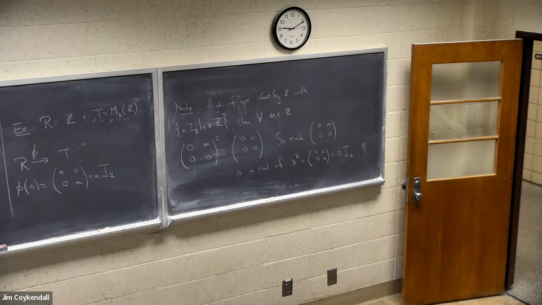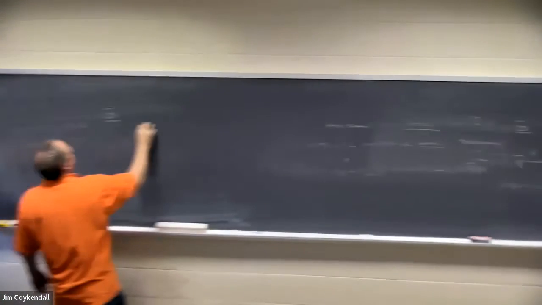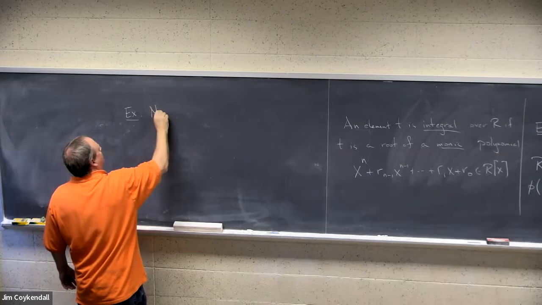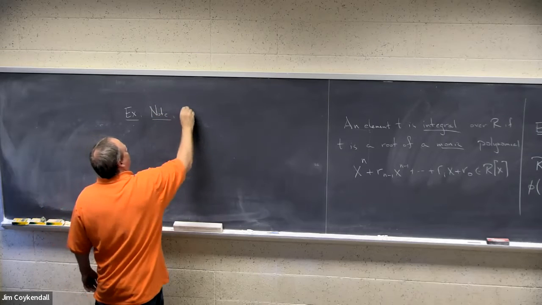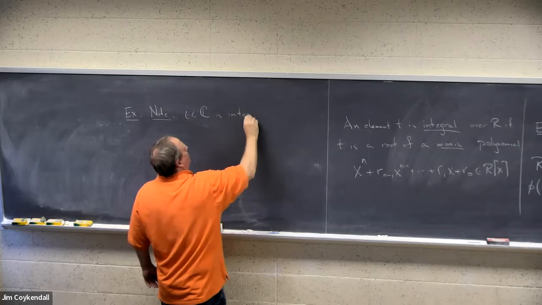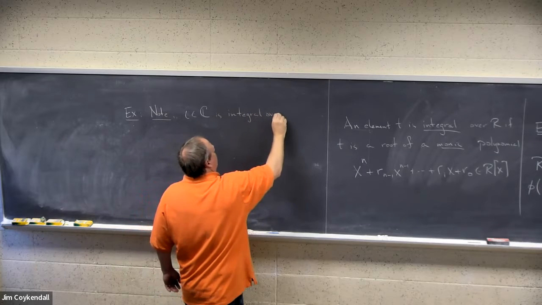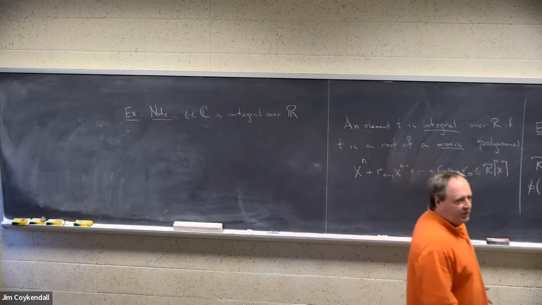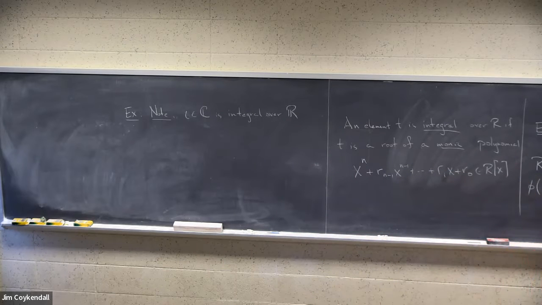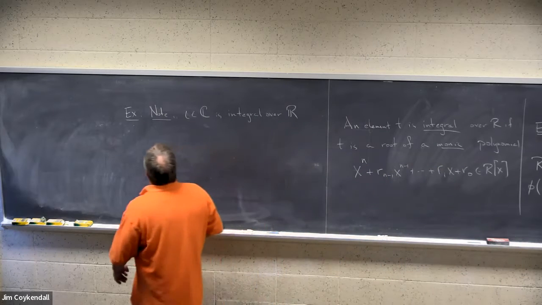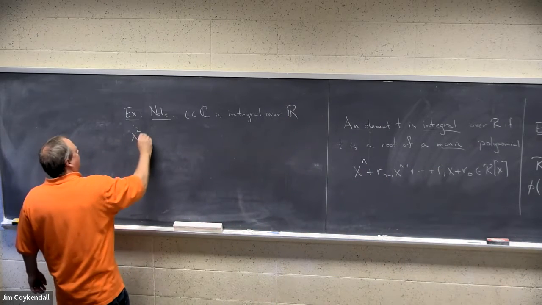Here are some other examples. Notice that the complex numbers are a linear extension of the reals, and of course, i is integral over R. In fact, it's a root of the polynomial x squared plus 1.